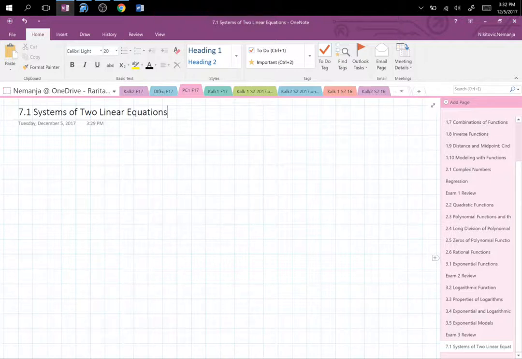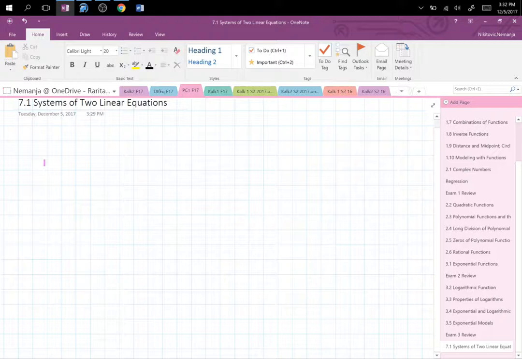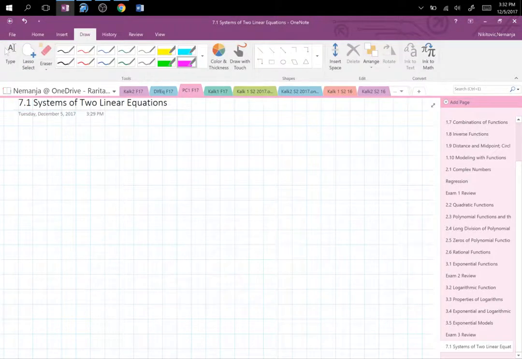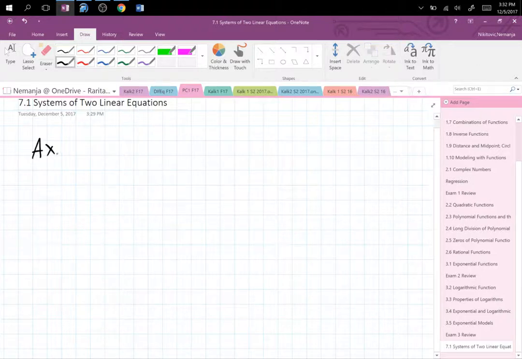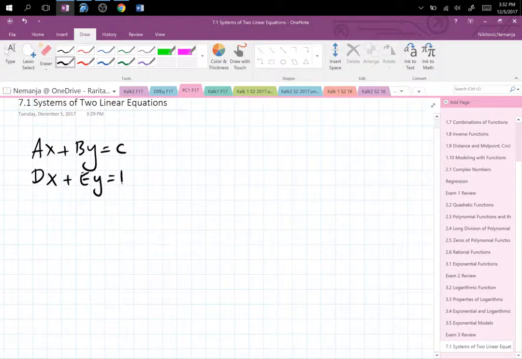You have two equations given to you. Say ax plus by equals c and dx plus ey equals f. And these are two linear equations.